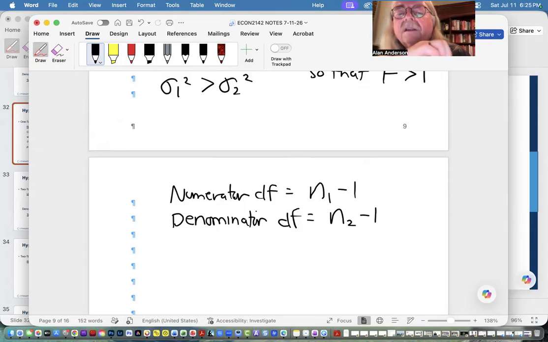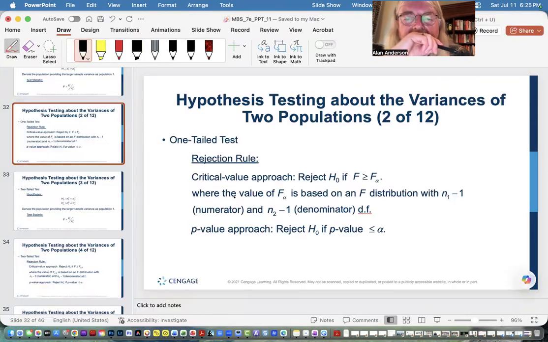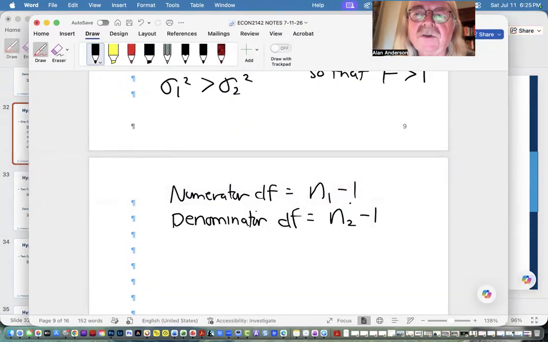As we saw before, the numerator equals n1 minus 1, the denominator equals n2 minus 1. So now, with all that being said, we can do the first example.